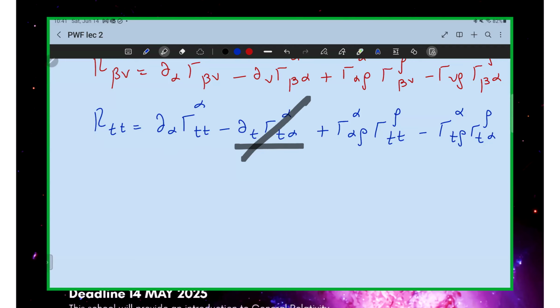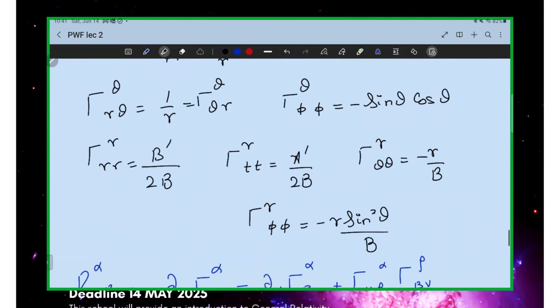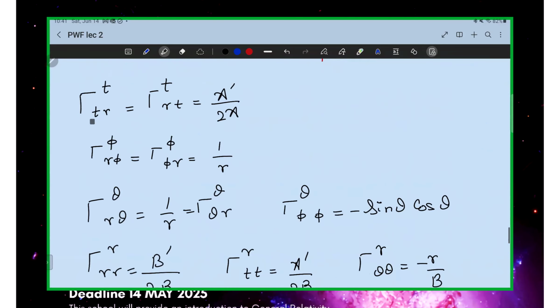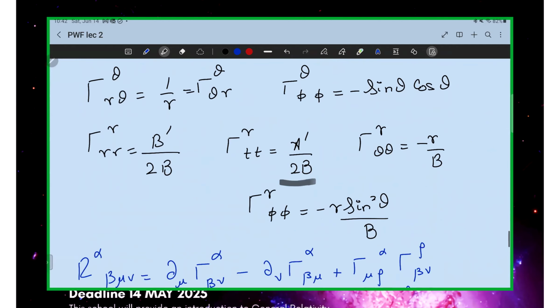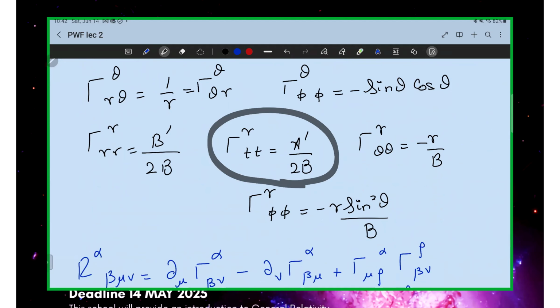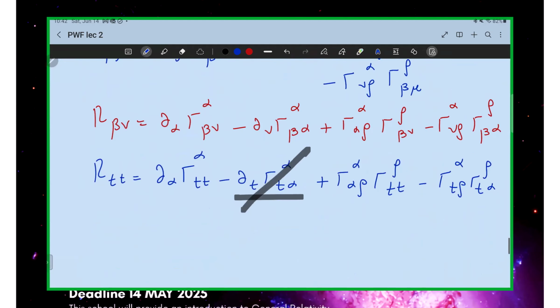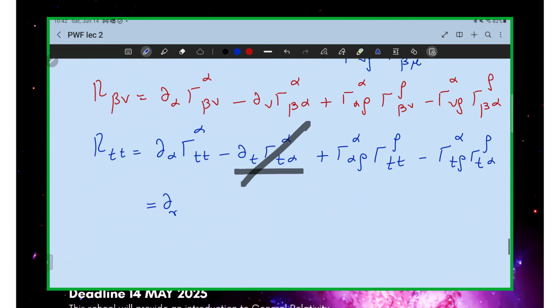Well, you can go through the list of the Christoffel symbols and see if there is any Christoffel symbol that has time in the lower components, and that's the only Christoffel symbol that can come here. So if you see, this one doesn't have TT, this one doesn't have TT. The only thing that has TT is this, right? So it means that the upper index can only be R, okay? So it means that the first term is just partial R. Okay.